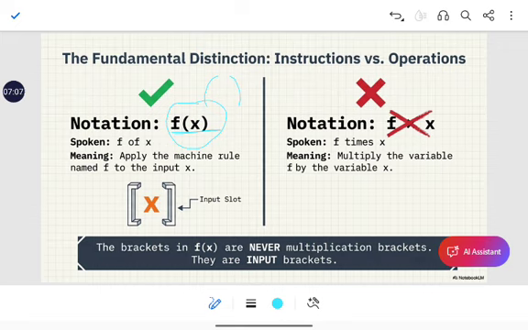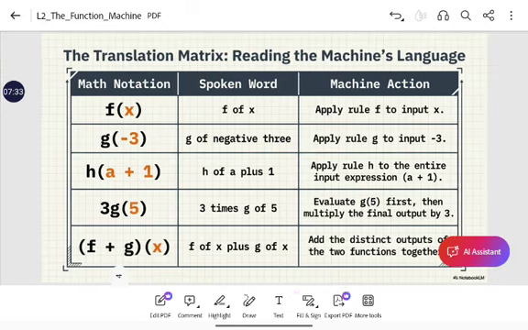So please, we don't write it this way. It is not multiplication. It is not f times x. No, it is f of x. So the x there is just a placeholder. The brackets in function f of x are never multiplication brackets. They are input brackets, just placeholders.